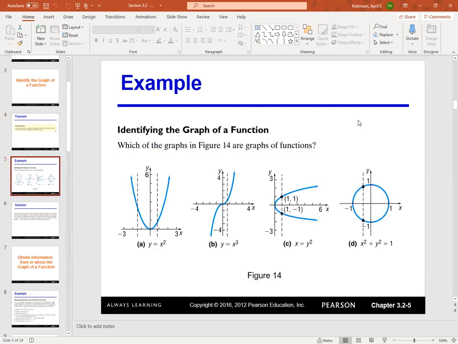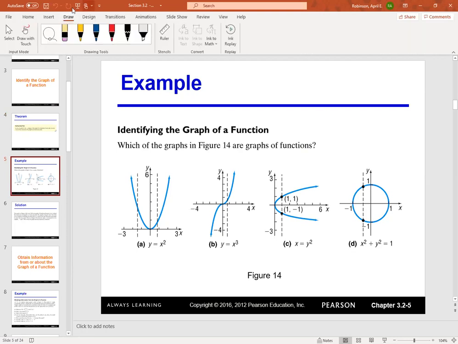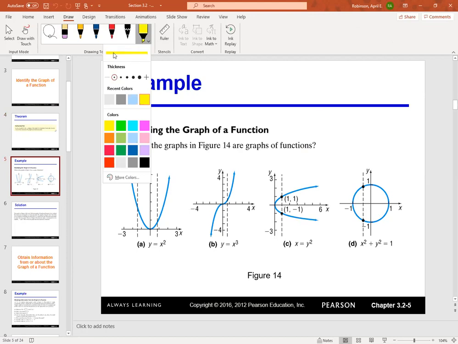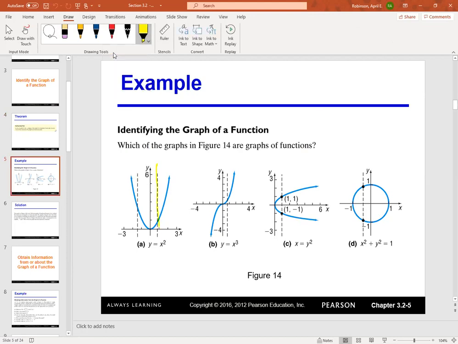So here's 4 examples. The dotted line is the line they're drawing. Here they drew a dotted line. It only crosses it once right here. Here's a dotted line. It only crosses it once right here. No matter where you draw it, it only crosses it once. So A is a function. On B, they only showed one picture, but they're drawing it once here.